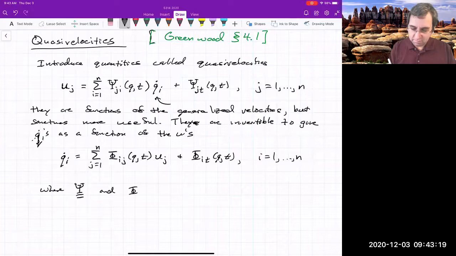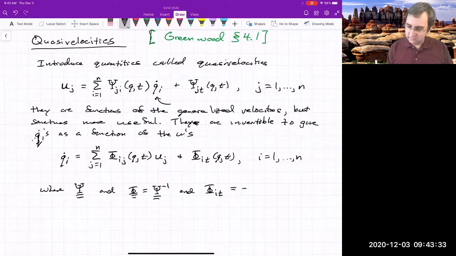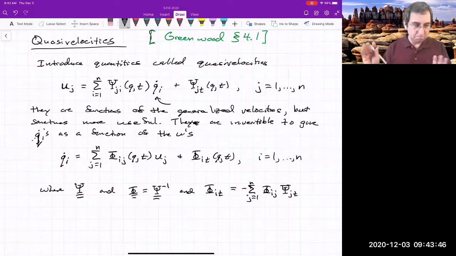And phi as a matrix is just, I call it psi inverse, and phi is this thing. You can get it from psi_jt.